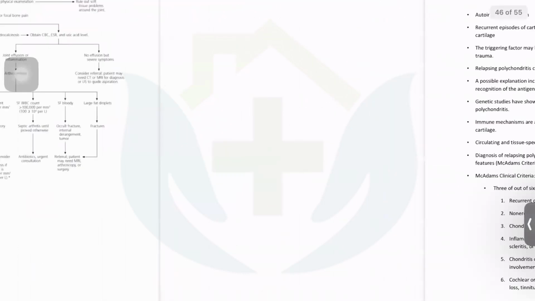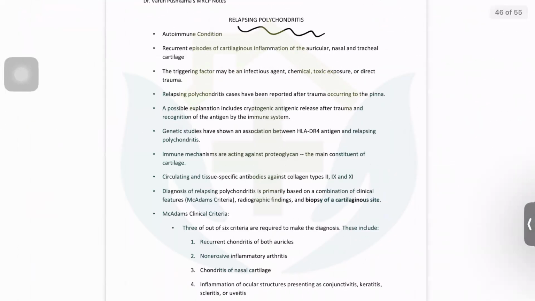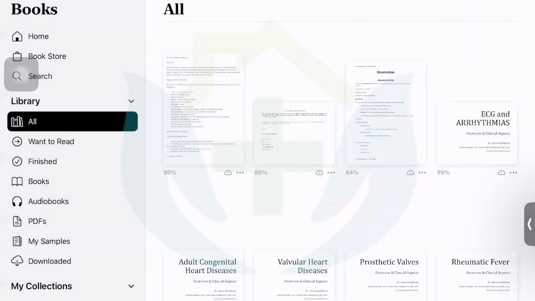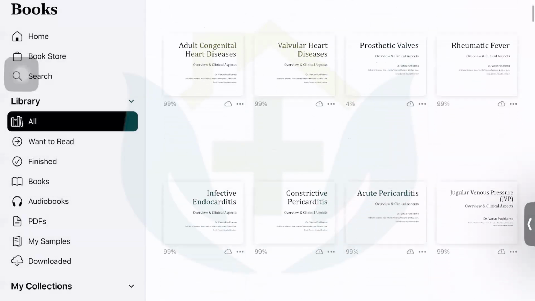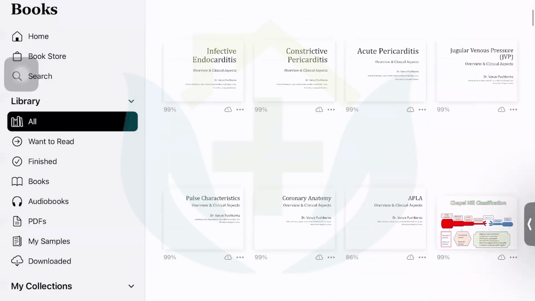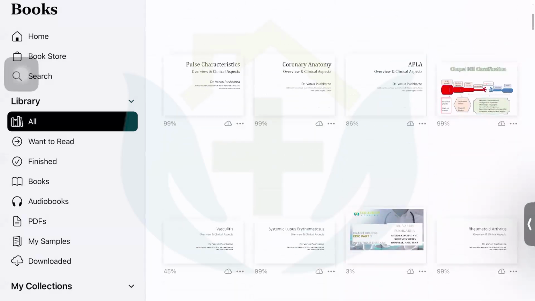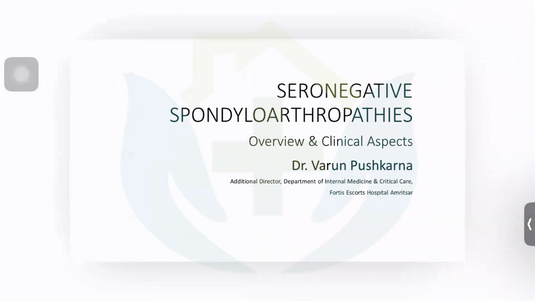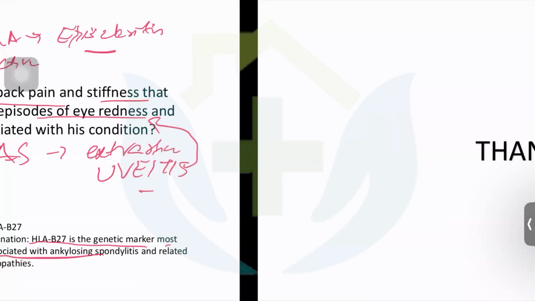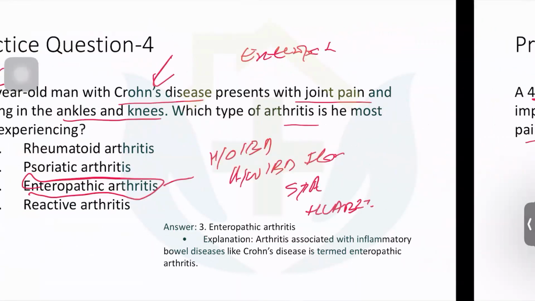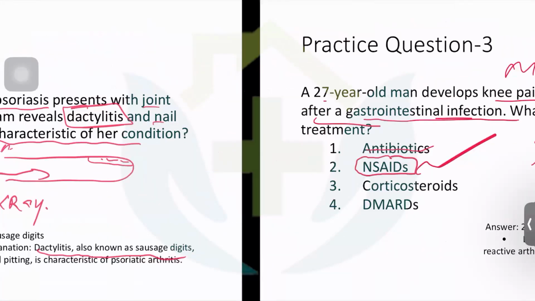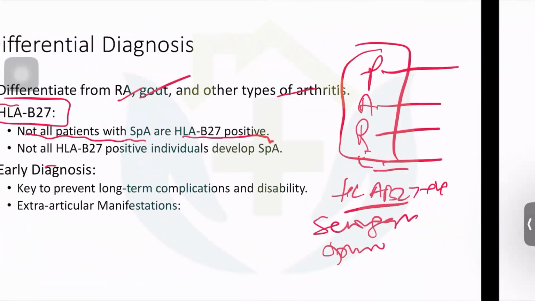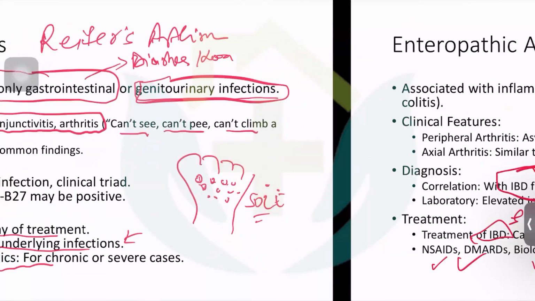Okay. So now we move on to the next topic. We will do the questions also. If you want, we can do questions alongside, but I'll have to find where these questions are. Okay. So we have them here. Where is ankylosing spondylitis?